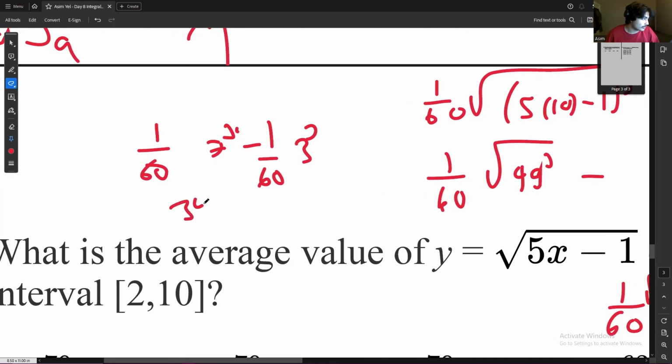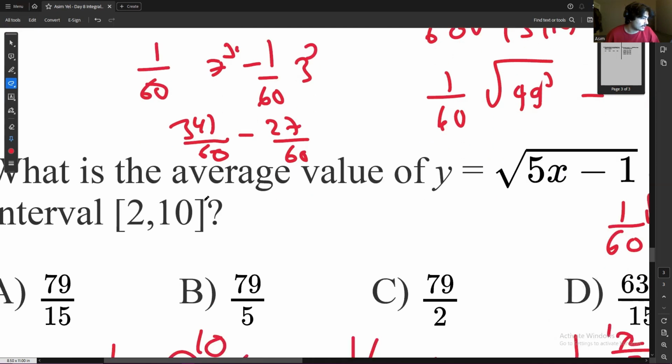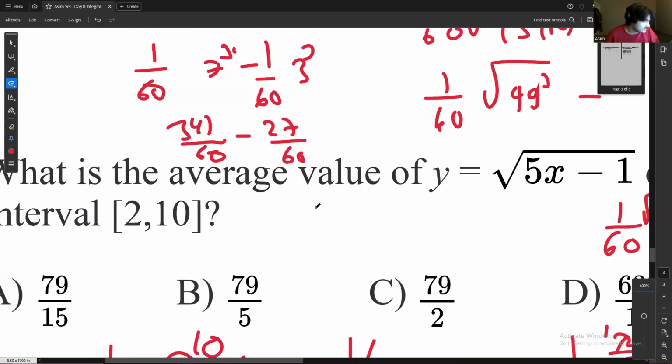After this, I got 343 over 60 minus 27 over 60. And what this ends up being is 316 over 60.